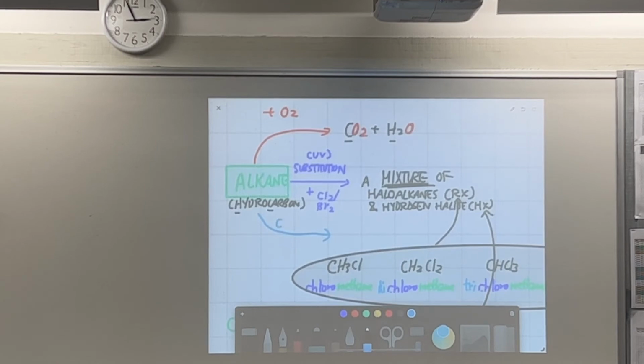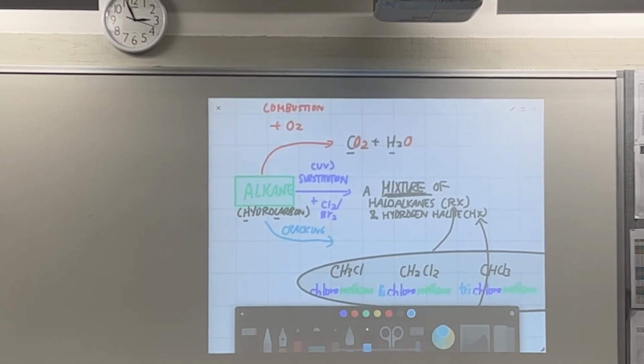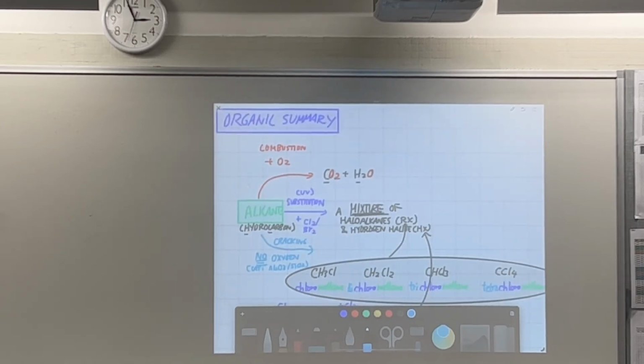Yeah, cracking. You learned this in Form 5, last year. So there's no oxygen. You have to make sure that there's no oxygen around and that there's the catalyst, Al2O3 or SiO2. And what can you crack an alkane into? Smaller alkane plus smaller alkene(s).